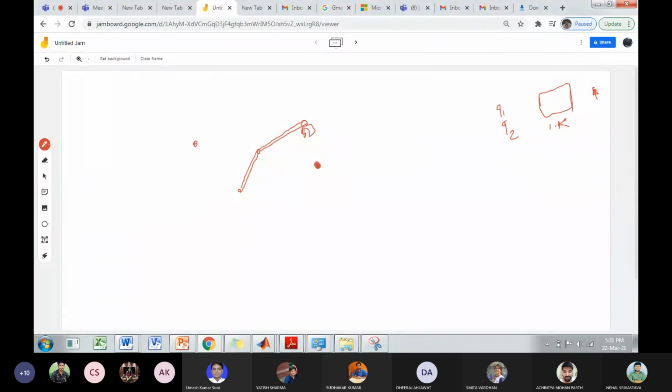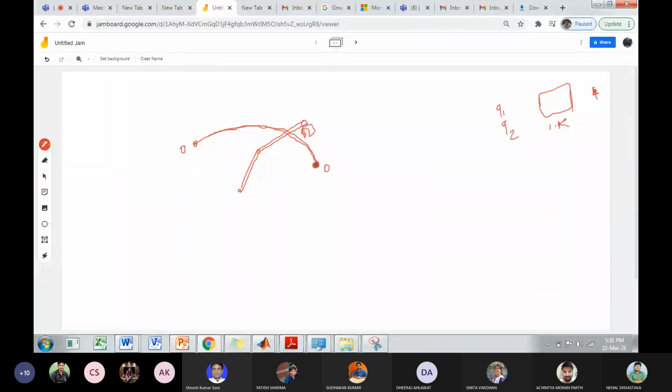Now we know that the object from the start should traverse a certain path. Starting from the initial position, the position of the object should track a certain trajectory. Understand? This is the object.